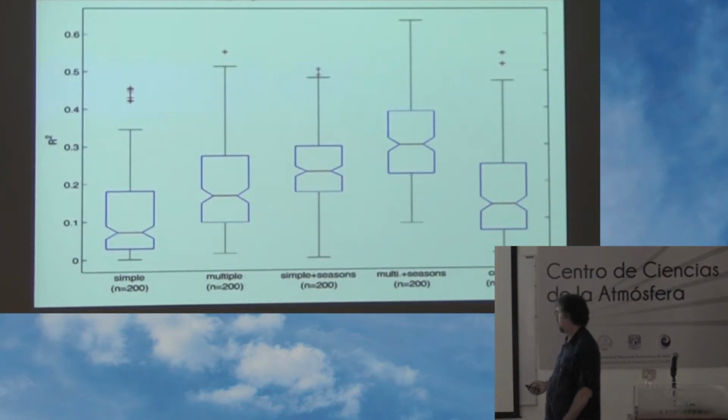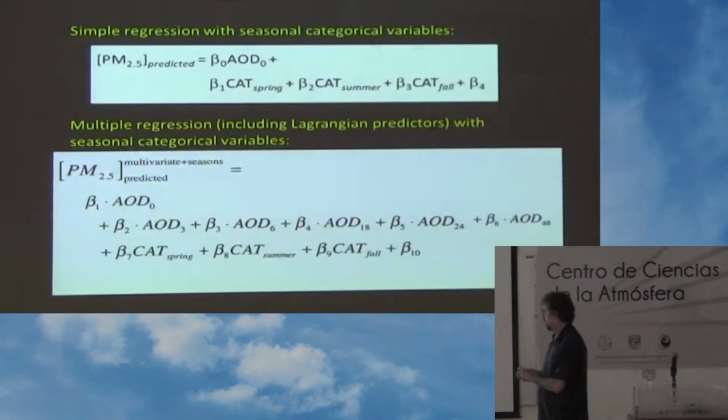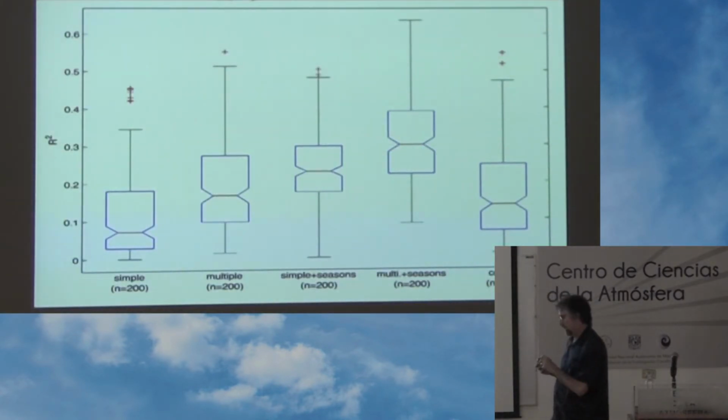And what we find is, let's see, oh, sorry. Here was our simple model that you saw before. Here's the multiple model that you saw before, which represents an improvement. Here is the simple model including the categorical variables. That provides a lot of improvement compared to the regular state-of-the-art model. In fact, I was surprised, it actually provides more improvement than using the Lagrangian predictors.